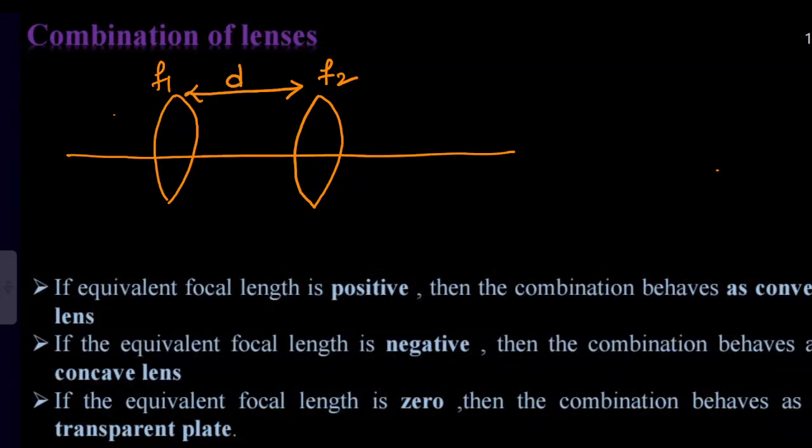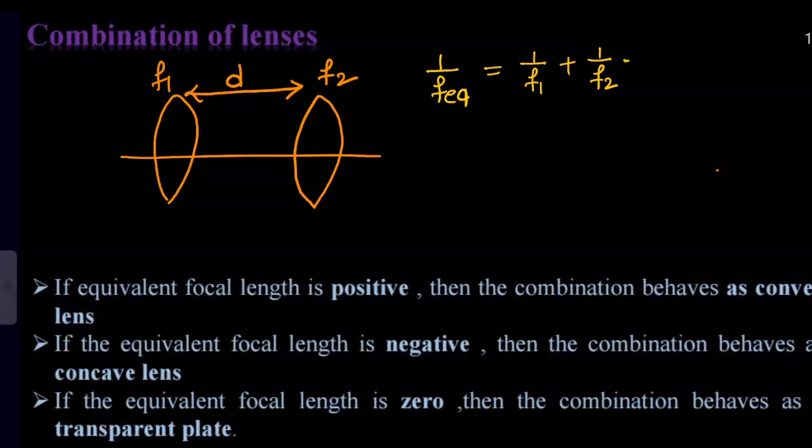Now we need to find the equivalent or effective focal length of this combination of lenses, which is 1 by f equivalent is equal to 1 by f1 plus 1 by f2 minus d by f1 into f2.